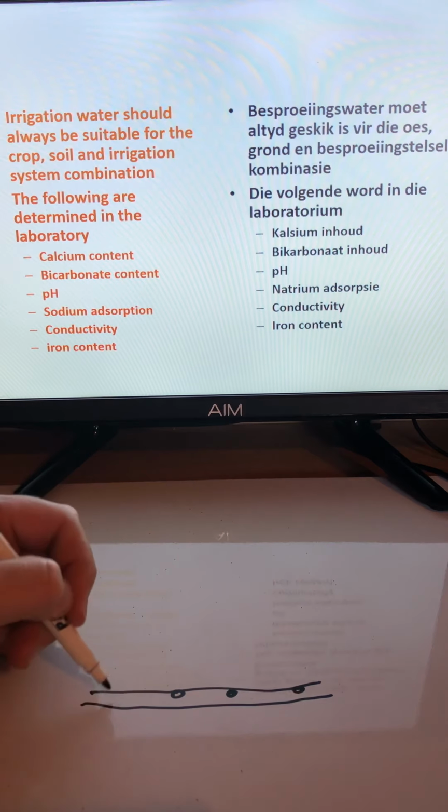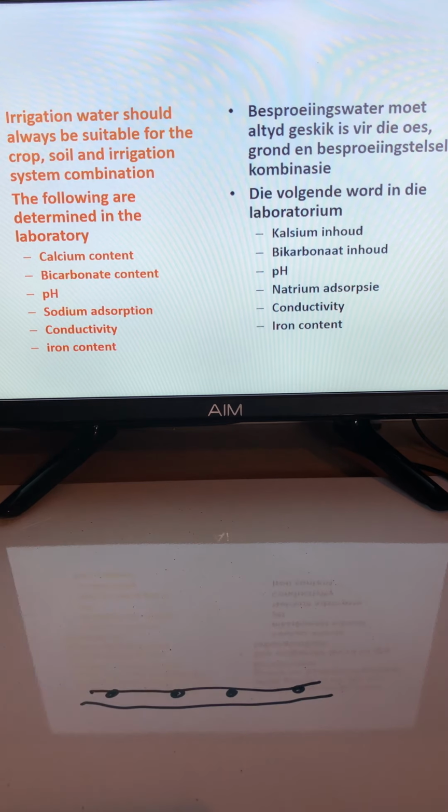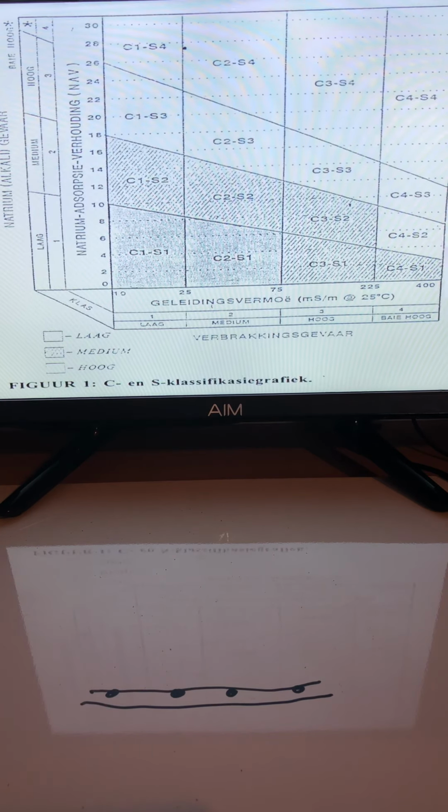So when you have precipitation that forms due to poor quality irrigation water, these holes will get blocked up and you won't be able to effectively use your dripper line or your irrigation system.